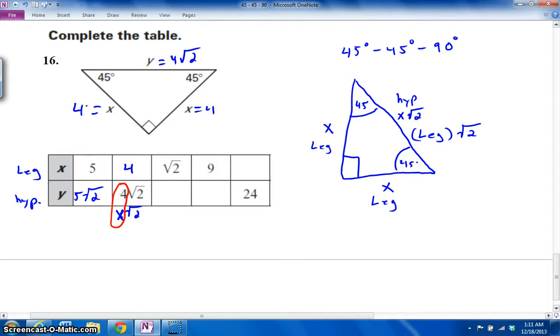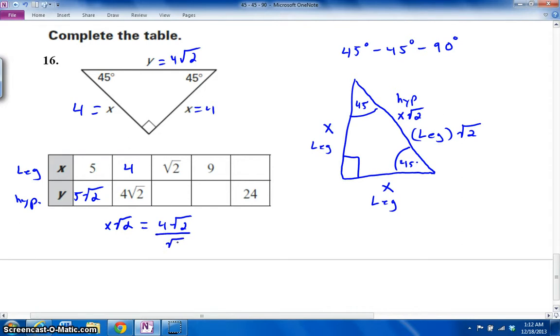Alright. If you want to do this algebraically, take your rule, x square root 2, the rule for your hypotenuse, set it equal to what you got.